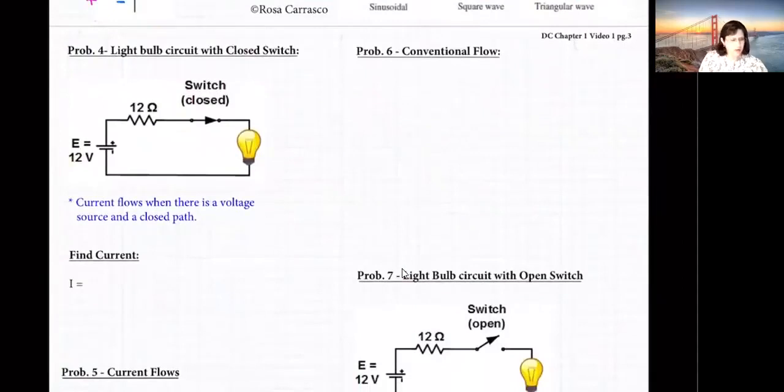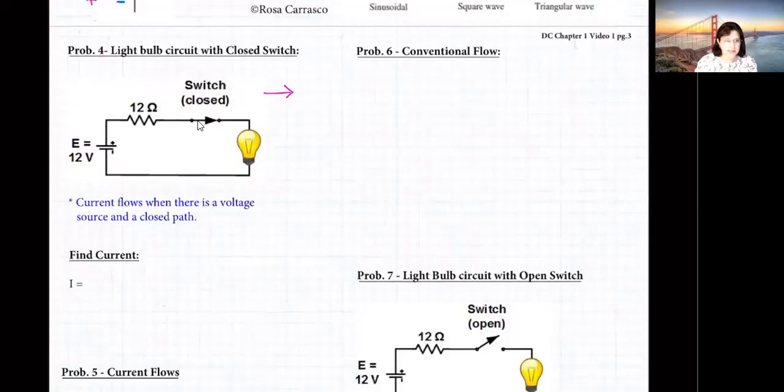So here you go. A light bulb, just a simple light bulb in your home, requires some kind of voltage. So here's my little symbol, a short line and a big line. Here's my resistor. Here's the switch. So this, just a line like this, is a switch.